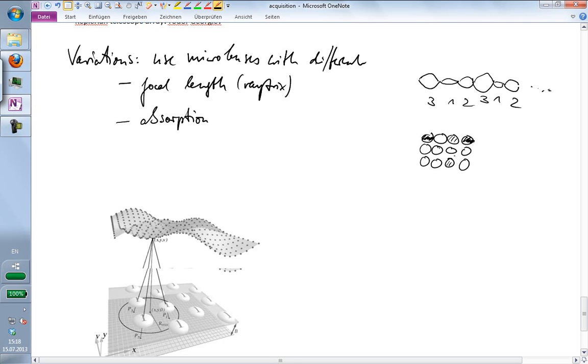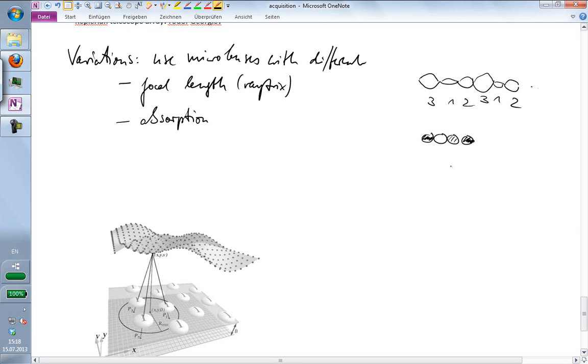Now I need to think of some good pattern; this is not a good one that I've started, but let me just do this in one dimension. Okay. In this way, you could combine cameras with different exposure times that allow you to do HDR photography. Or you can use micro lenses with different polarization, for example, or whatever else strikes your fancy.